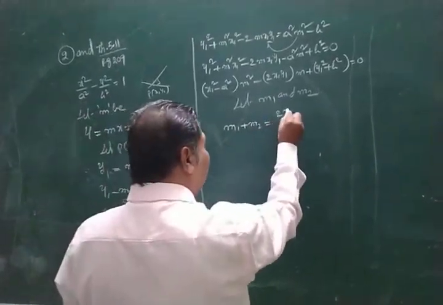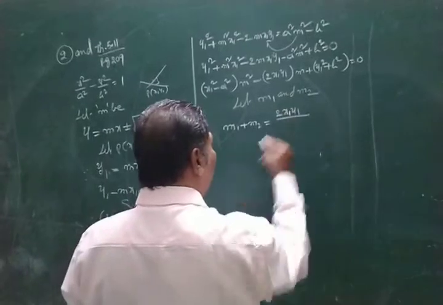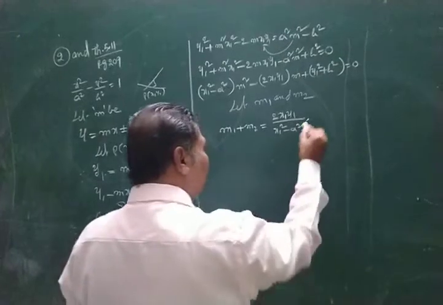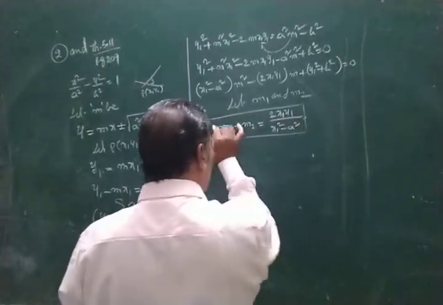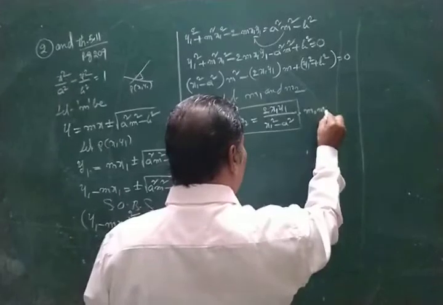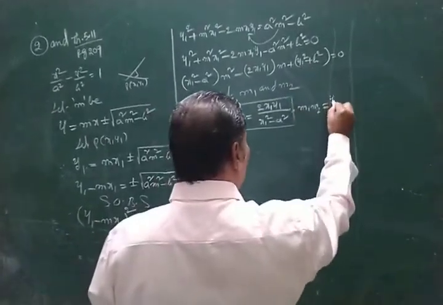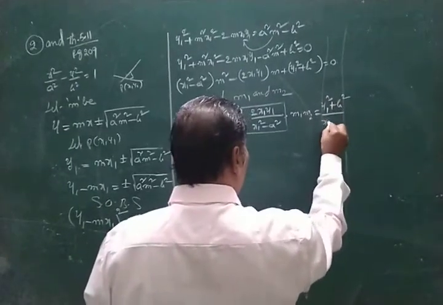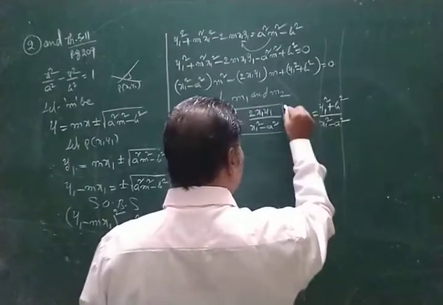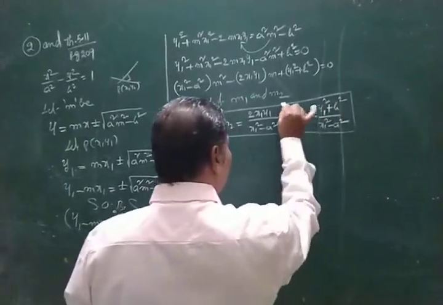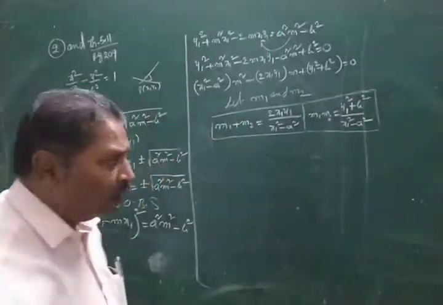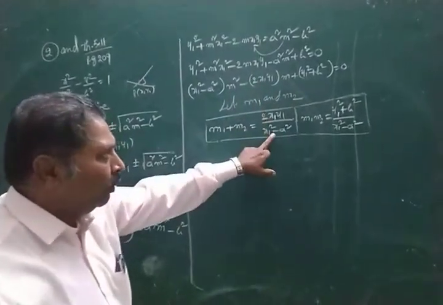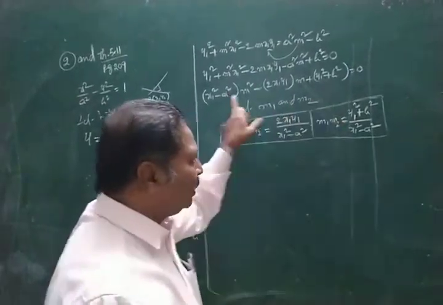Minus b by a, that is 2 x1 y1 by x1 square minus a square, and product of the roots m1 into m2 is c by a, that is y1 square plus b square by x1 square minus a square. Sum of the slopes is minus b by a, product of the slopes is c by a.